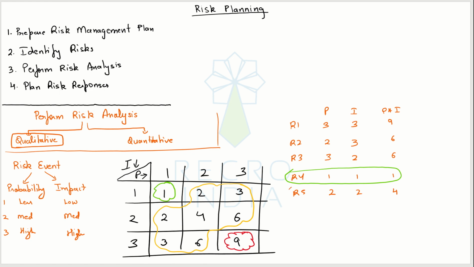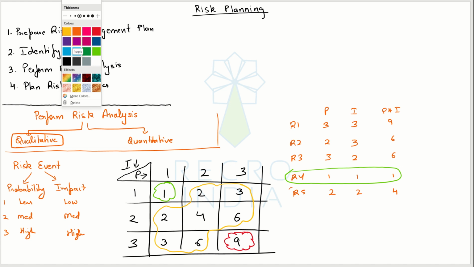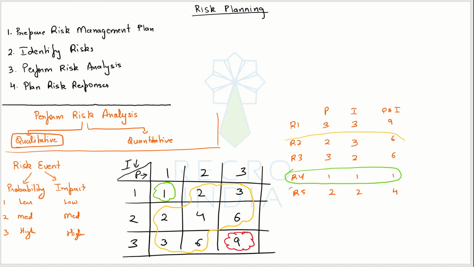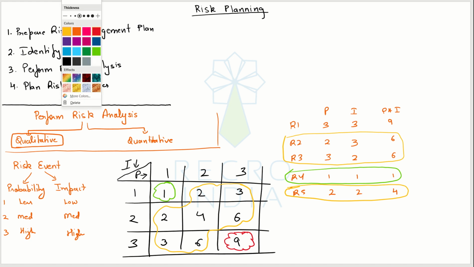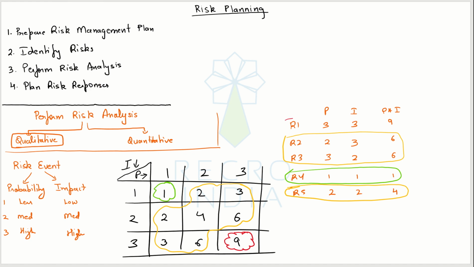However, the risks R2, R3 and R5 fall under the amber zone, which means they require proactive mechanisms and response strategies, so that we can lower their probability and impact to a certain degree. And then I have R1 in the red zone.